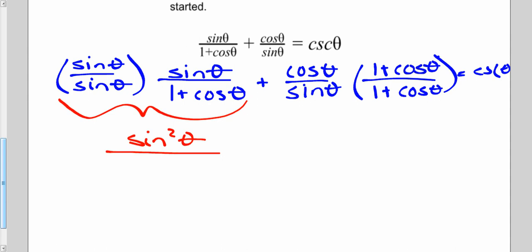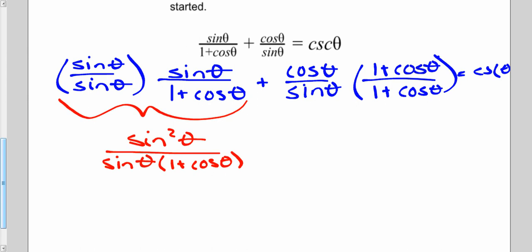The reason I'm going to leave it factored, I don't want to multiply them together unless I have to. Not sine times, but sine of theta times, right? Remember, sine is a function, so it needs something to work on. So just like that, right?